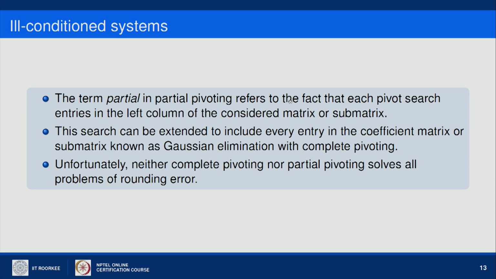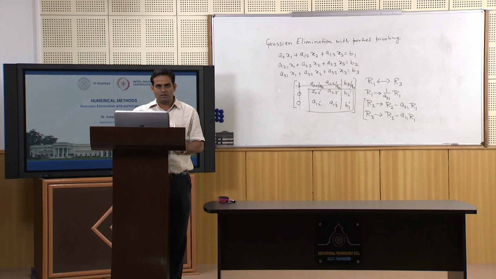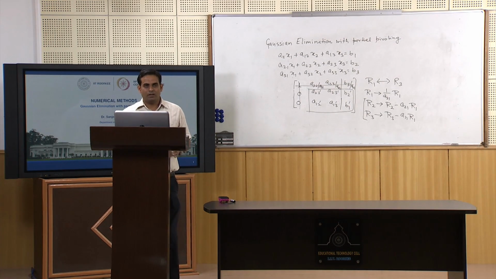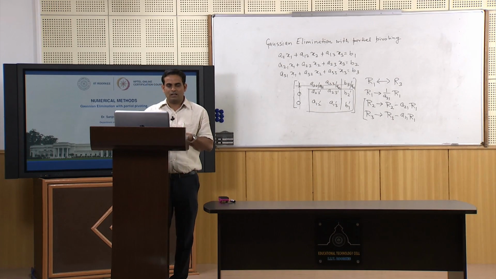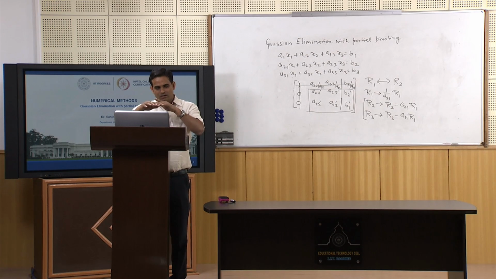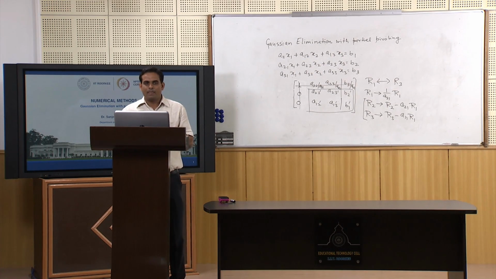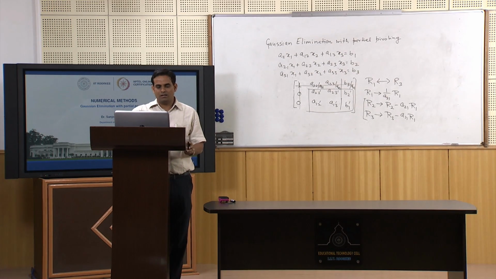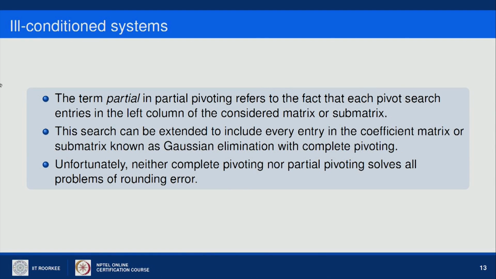So, we are looking only at the first column when we are going through the first pass. If, instead of searching in the first column, we search in the whole matrix, or in the second pass the whole 2 by 2 submatrix, then the pivoting is called complete pivoting or full pivoting.